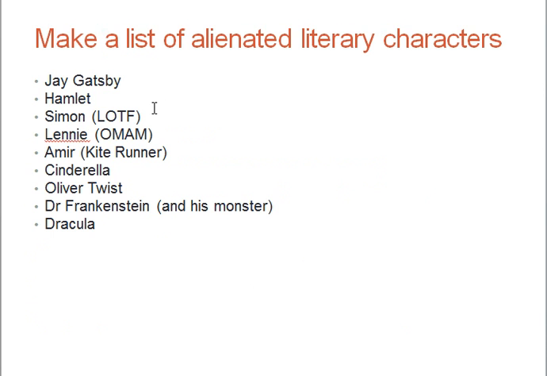Going back to your GCSE studies, think about Simon, how he was alienated in Lord of the Flies, or if you studied Of Mice and Men, Lenny. Consider what it is that alienated these characters. Was it something that was self-perpetuated, or was it something that was imposed upon them? And consider, from what you know of Marxist thinking, what a Marxist critical response would think about that.